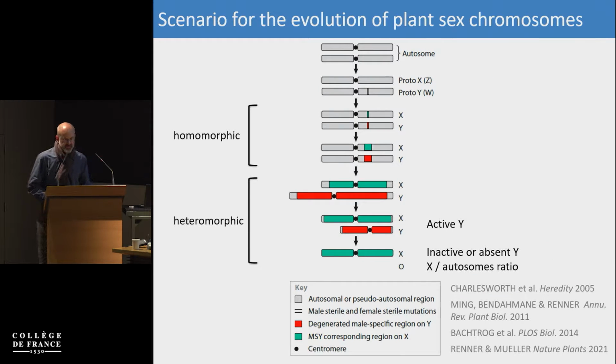So this is a tentative scenario for the evolution of plant sex chromosomes. It's based on the few species that have been studied, and also with some inspiration from animal systems.